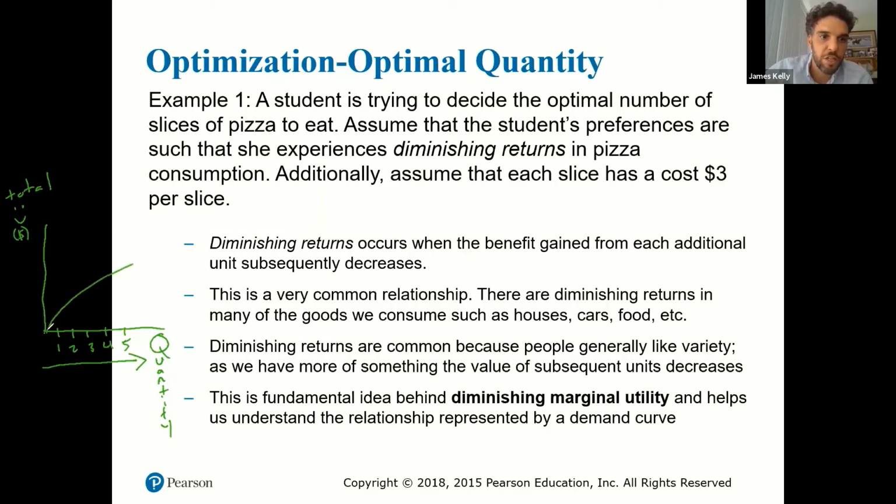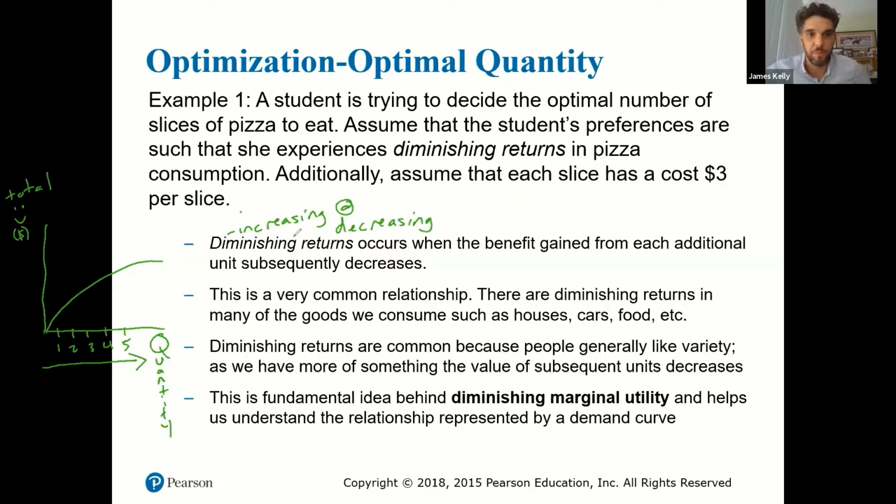So we get a relationship that looks like this, where diminishing returns we can define as increasing at a decreasing rate.